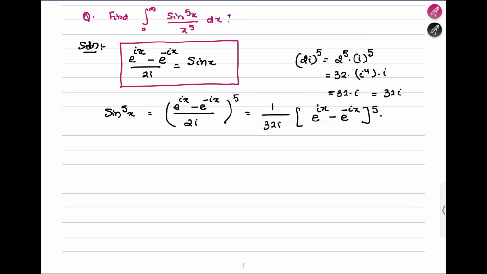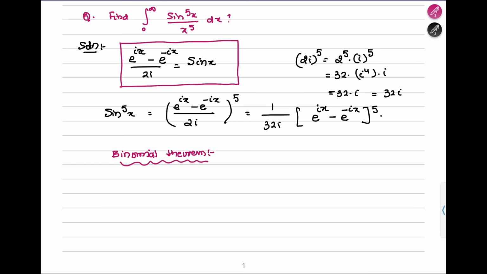Now, we are only concerned about finding a minus b to the power of some n using binomial theorem. Please try to understand the binomial theorem. It's a very important theorem in mathematics.